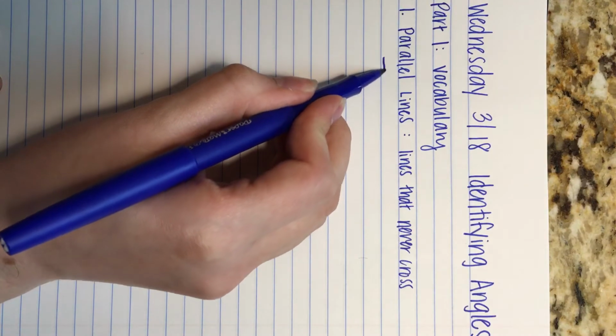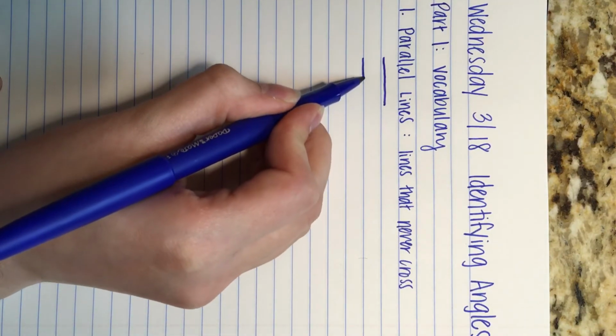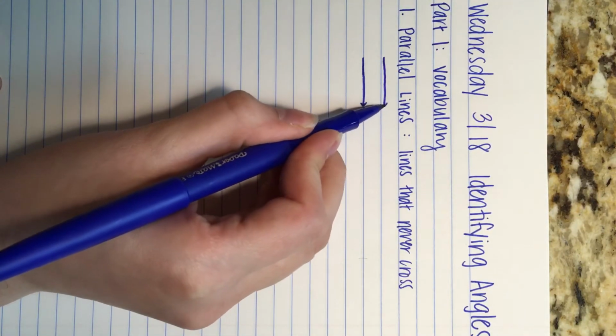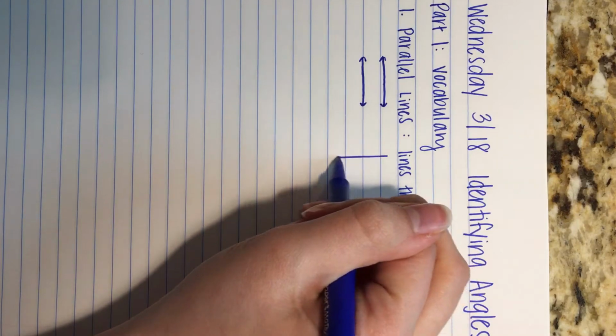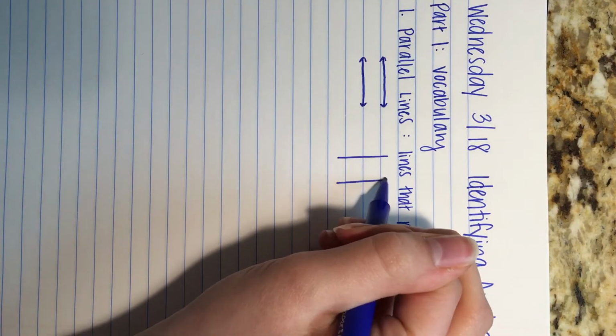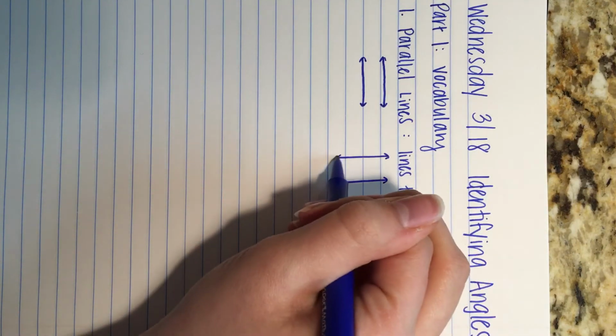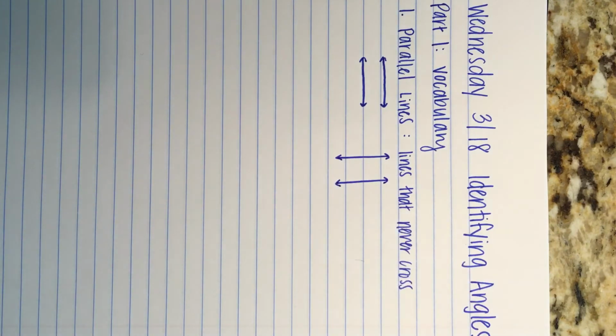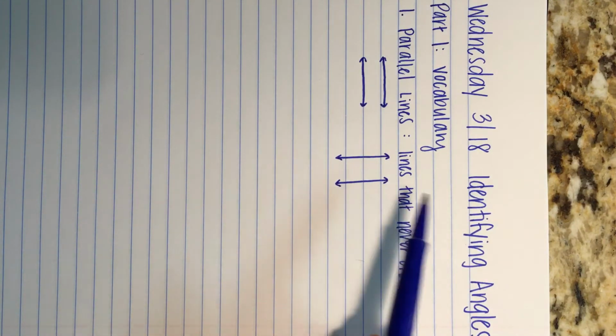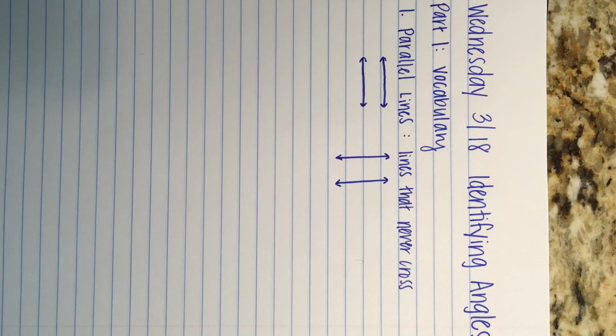So what does that look like? I'll give you a couple examples here. So there's a set of parallel lines. Here's another set of parallel lines. Notice they're going the exact same direction, so they're never going to cross. So we already know that.